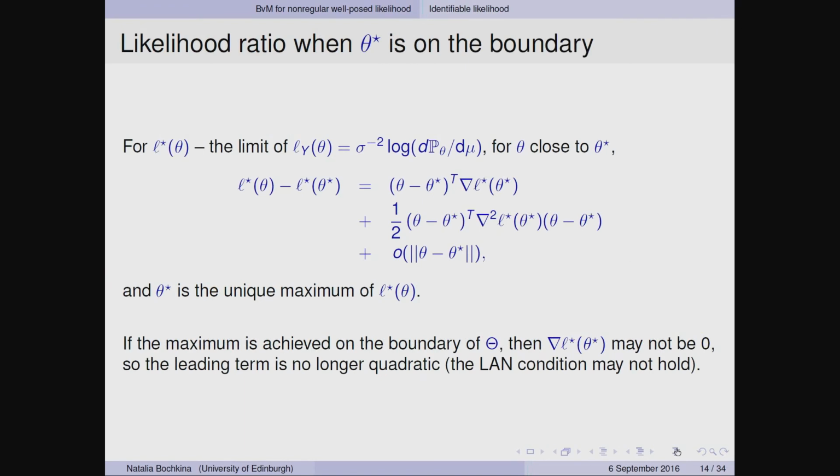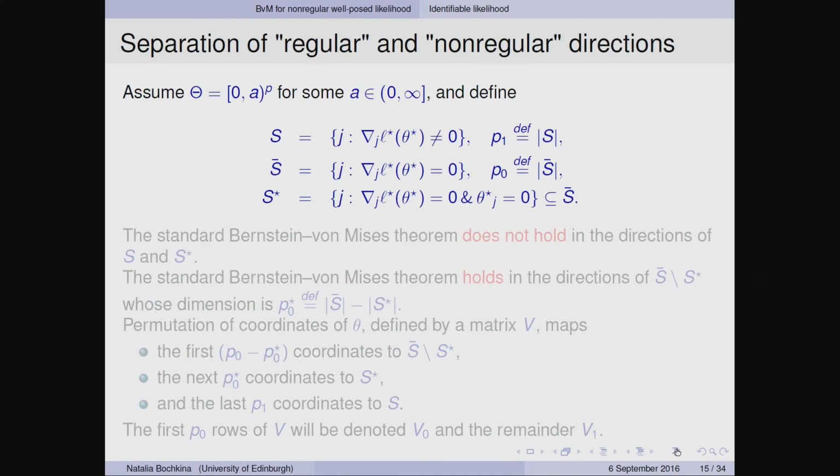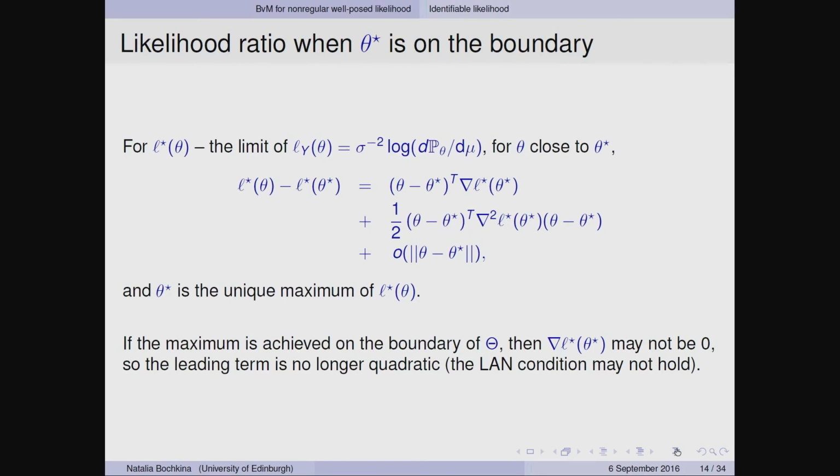The idea of the local Gaussian approximation is that when the maximum is an interior point, the first derivative is 0, so the leading term is the second one, and once you do the correct rescaling, you get a Gaussian distribution in the limit. However, if you have what's called a sharp maximum, then the linear term can matter.